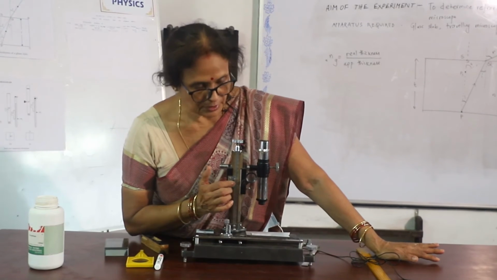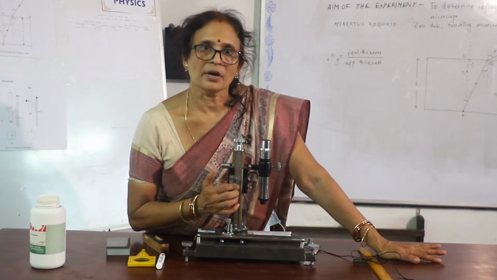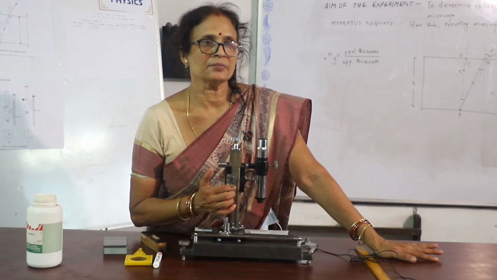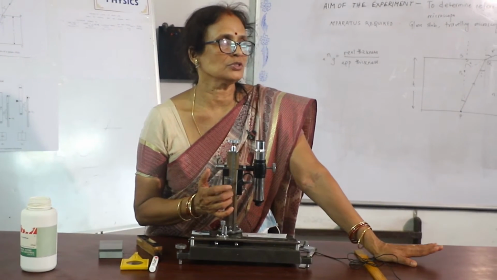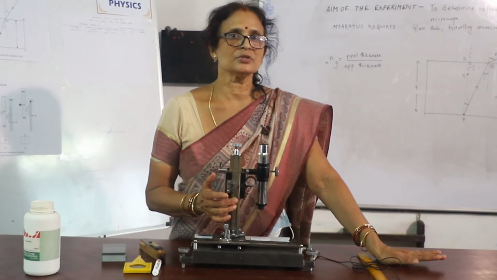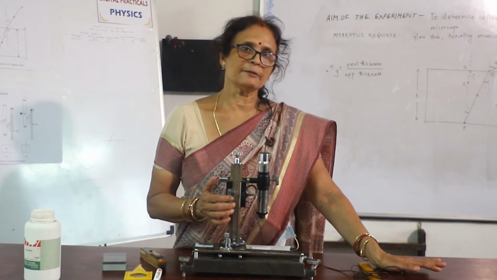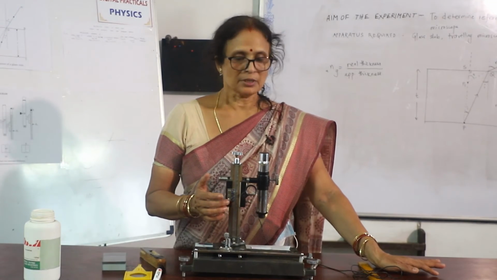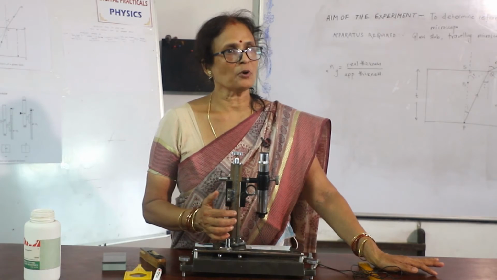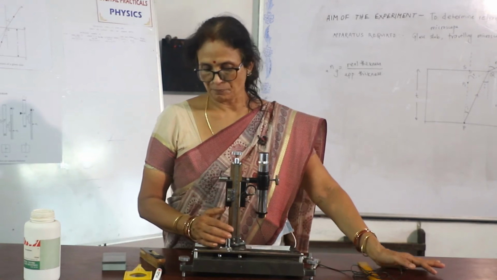This vernier calipers has a least count of 0.001 centimeter, unlike the common vernier calipers which we use in the lab. The vernier calipers which is used in the lab has a least count of 0.01 centimeter. But here the least count is 0.001 centimeter.